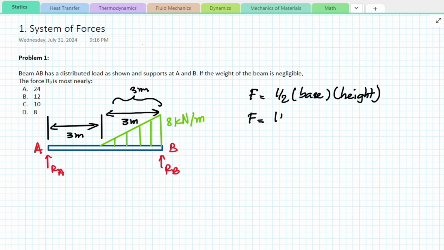So I'm just going to plug these numbers into the equation: 1/2 times 3 meters times 8 kilonewton per meter.